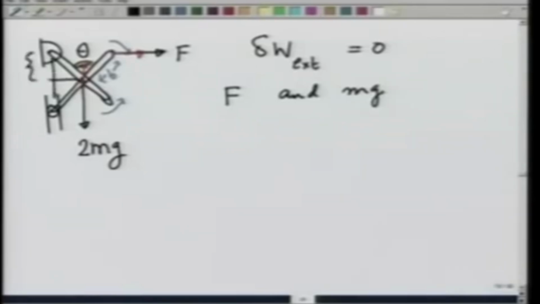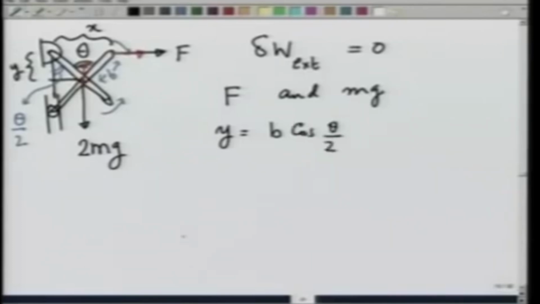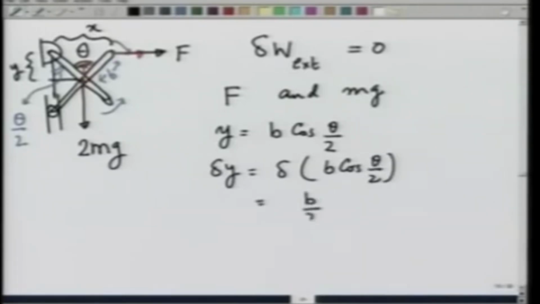So, this distance here is nothing but, let us call this y, and let this distance from here to here be x. Then you see that y is equal to b, this angle is going to be theta by 2. So, y is b cosine of theta by 2. If I change theta slightly, delta y is going to be delta of b cosine of theta by 2, and that is going to be b over 2 sine of theta by 2 delta theta.